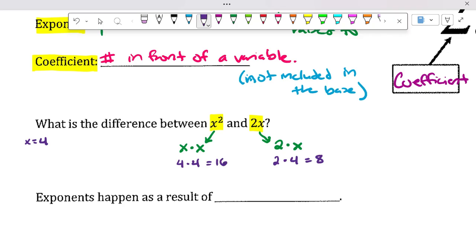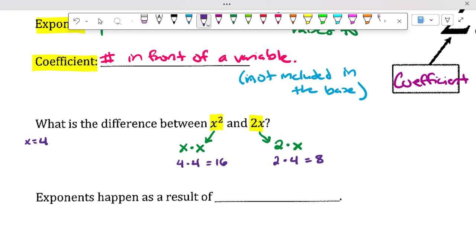Does anyone know a number that if you square it or multiply it by 2, you get the exact same number?